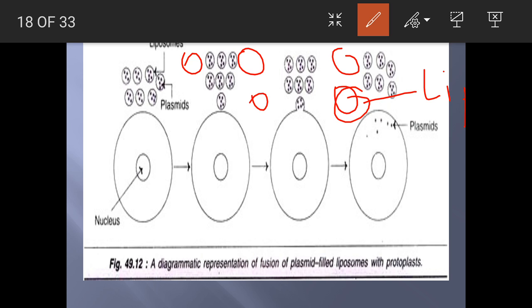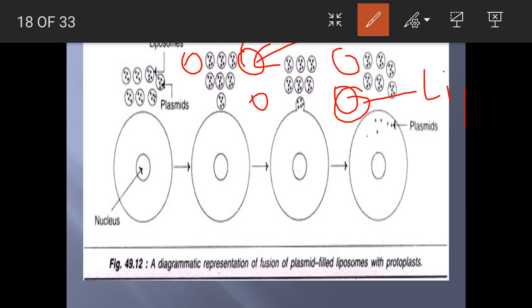And what can be inserted inside these liposomes? These liposomes are hollow and don't contain anything, but inside these bags you can insert the desired gene or the desired DNA which you want to transfer into the recipient cell. That is what I said.